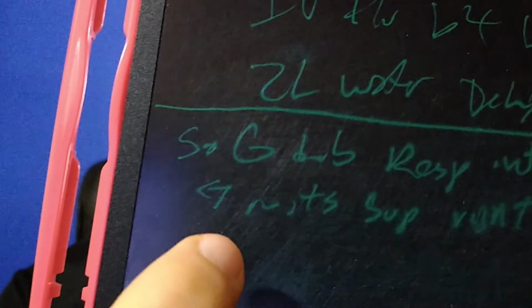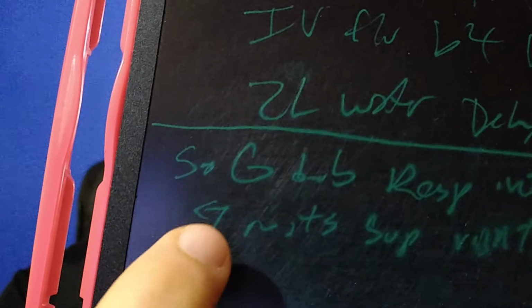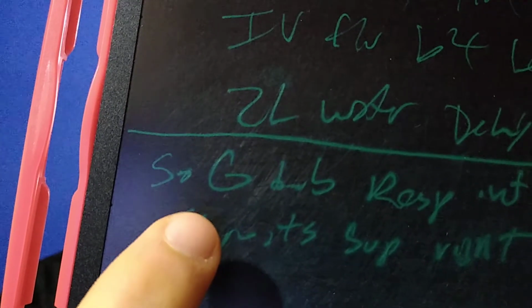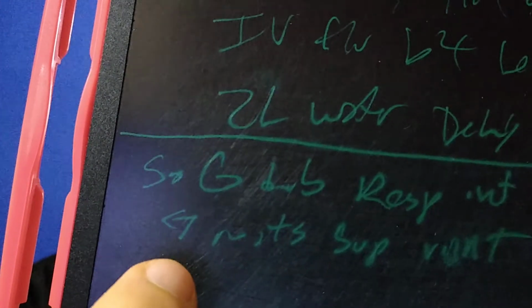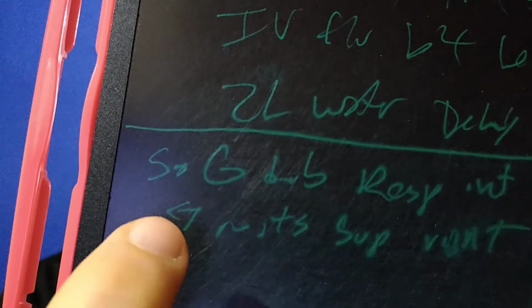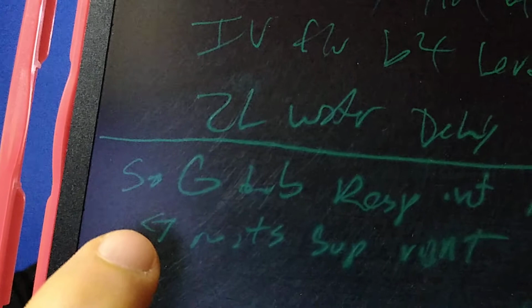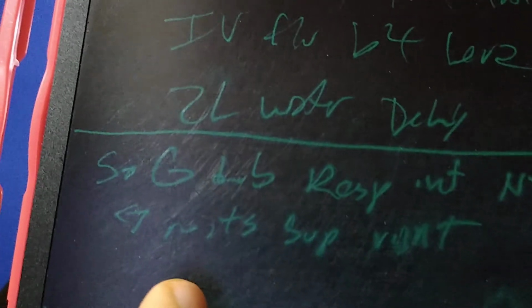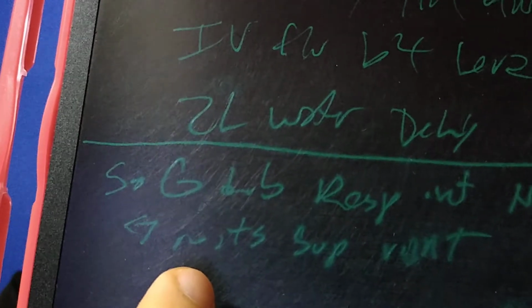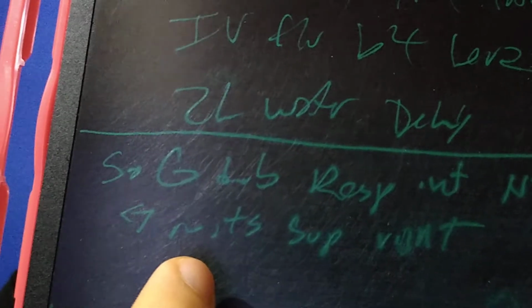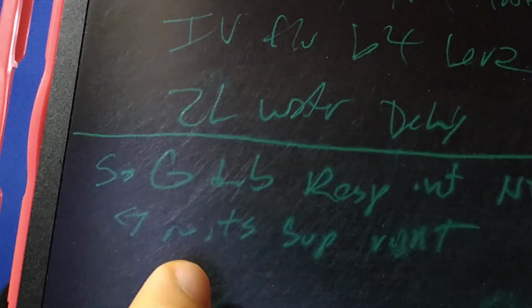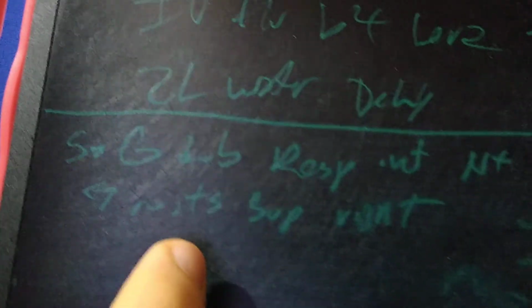And then right here, I have a back arrow, but this is not just a regular back arrow. You see how it's up and then it goes back. That means "back." And then it says "rests," but that's for "results."